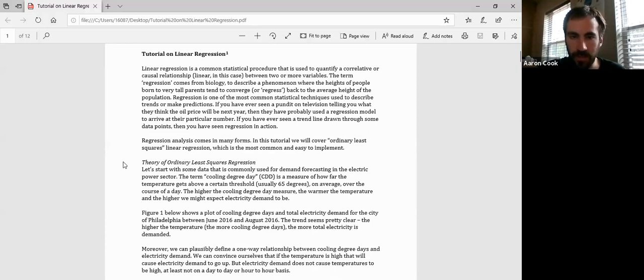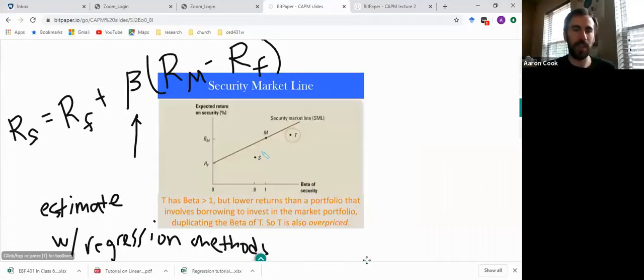So basically, we have this linear form that I just mentioned for the capital asset pricing model. This is back on the capital asset pricing model slides.